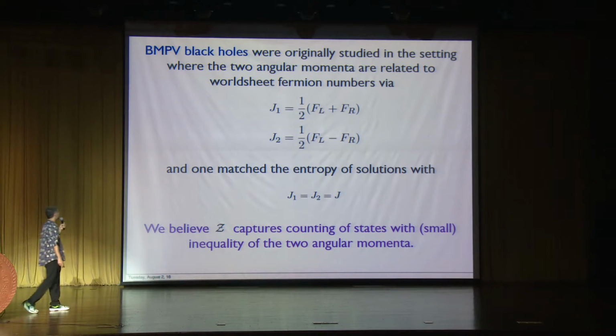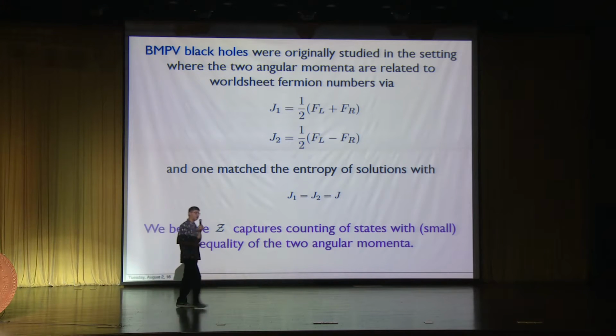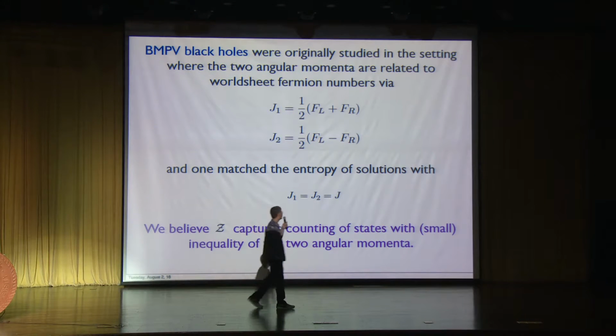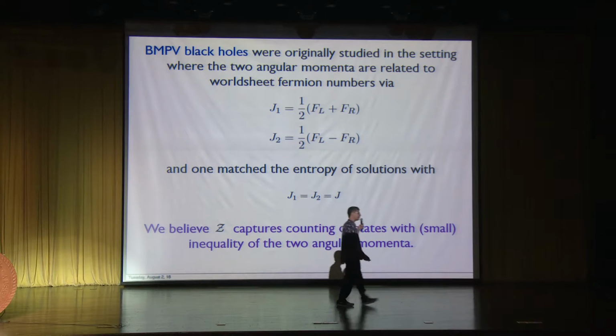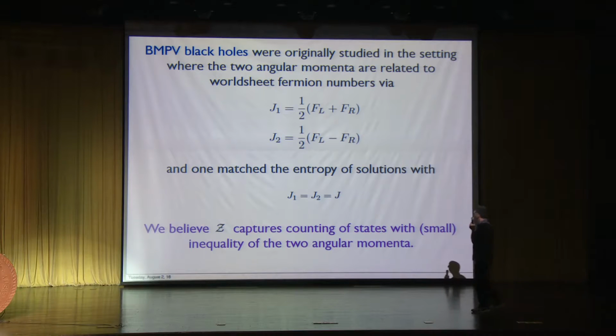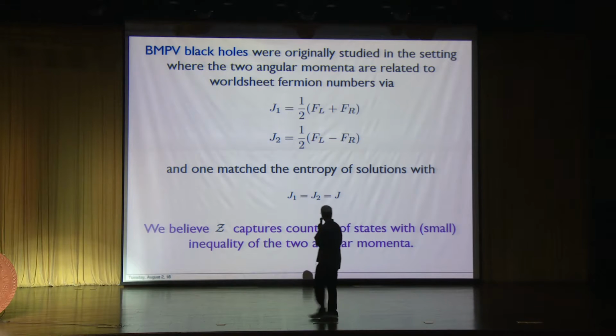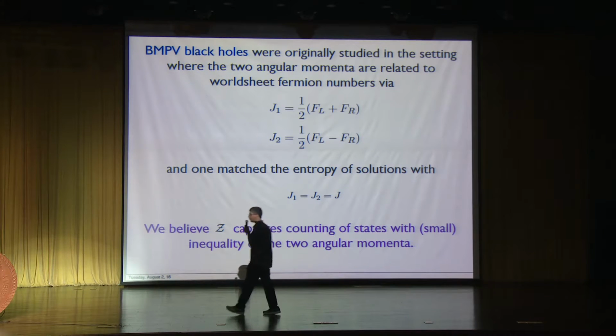Now, BMPV black holes were originally studied in the setting where there could indeed be 2 angular momenta in 5 dimensions, and they were related to world-sheet fermion numbers in the effective string whose states you're counting, by the 2 Cartan generators being F left plus F right and F left minus F right. And the solutions that were matched with microstate counts were those with the 2 angular momenta being equal.